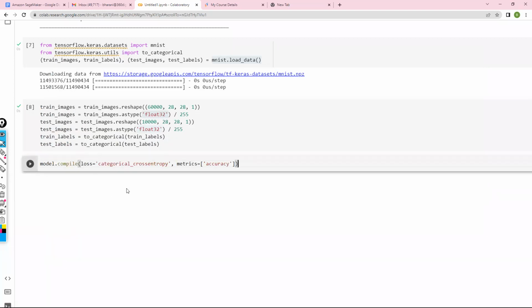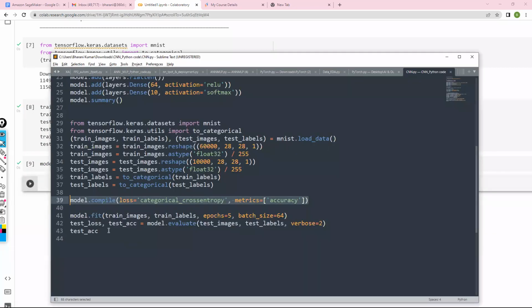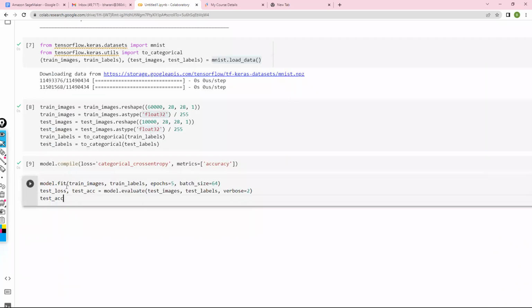In model compilation, you're saying loss equal to categorical cross entropy, and you're saying I want to measure the metric, which is accuracy. And then you're fitting your model. Model.fit inputs and output. You're trying to run the model with 5 epochs and batch size is 64.